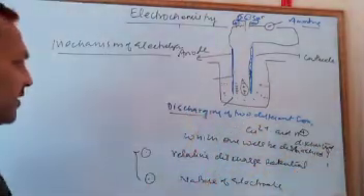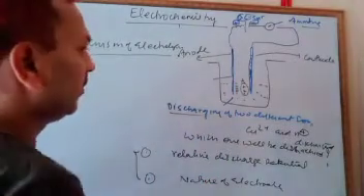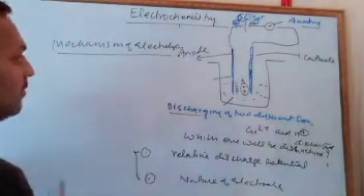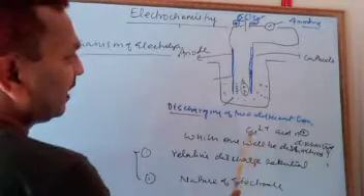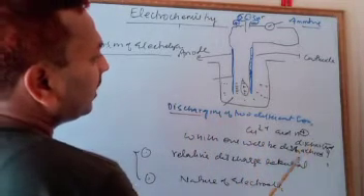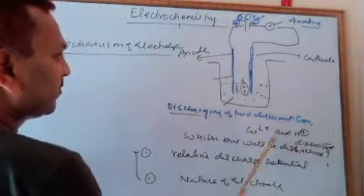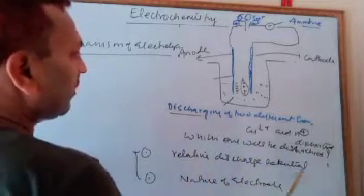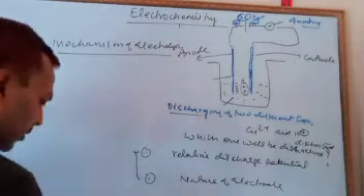I am just explaining this as a condition. So which of the two ions will be discharged? The relative discharge potential and the nature of the electrode decide.